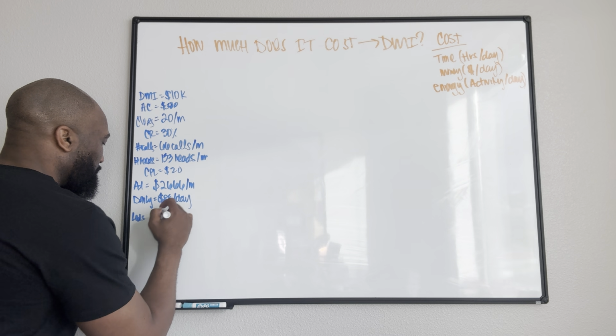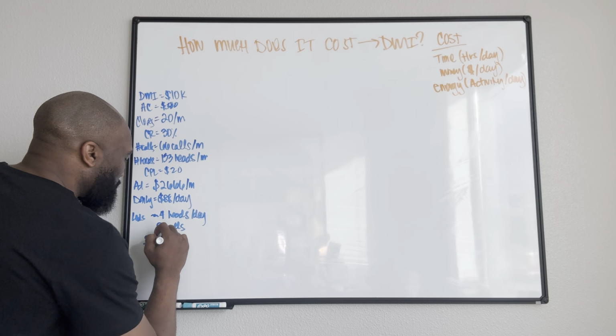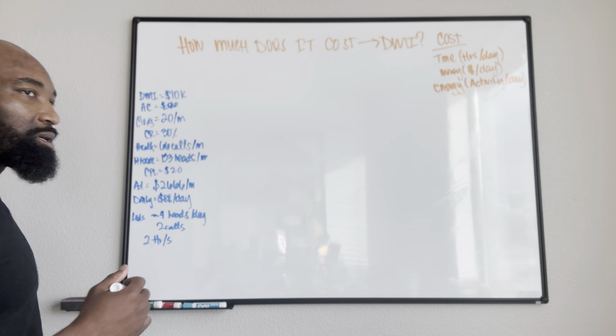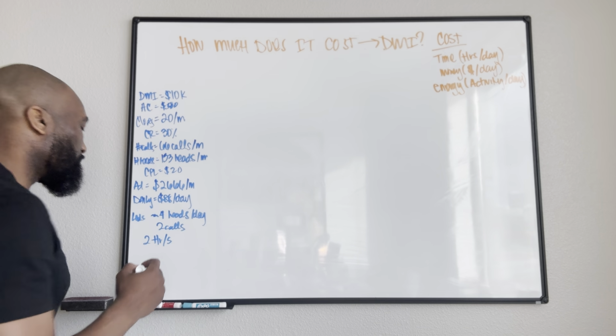And it's a smaller commission. Let's say it takes like an hour per call. Let's say you get 2 calls and you spend 2 hours on those calls. 2 hours a day. Okay?